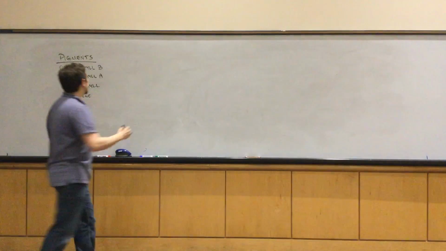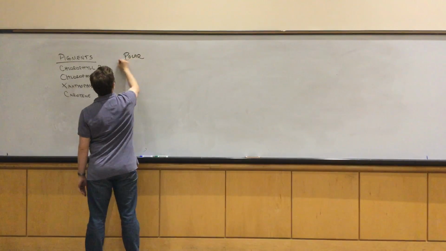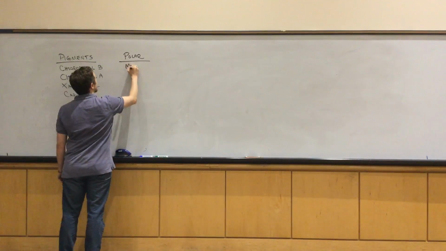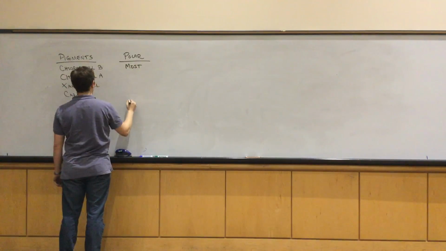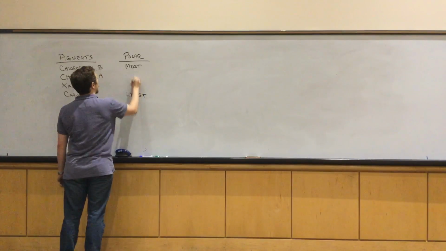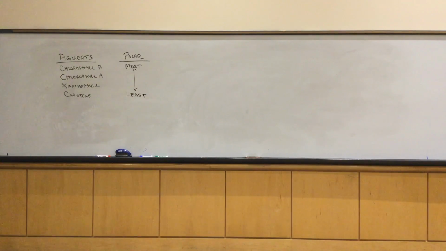Now the way that I've written these on the board is based on the relative level of polarity. That is how polar each of these pigments is. Chlorophyll B is the most polar. Carotene is the least polar. And if I go up or down, I'm going to see that chlorophyll A is less polar than B, but more polar than xanthophyll.